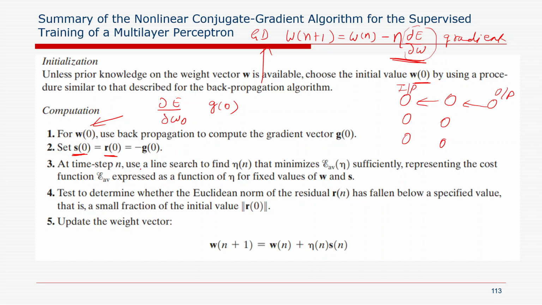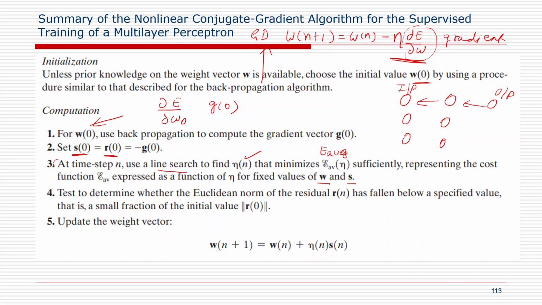And then at time step n, use a line search to find the eta(n) that minimizes E_av(eta), that is, the average error with respect to the learning rate that we have chosen at that time instant n. Sufficiently, the cost function E average is expressed as a function of the learning rate eta for fixed values of w and s.